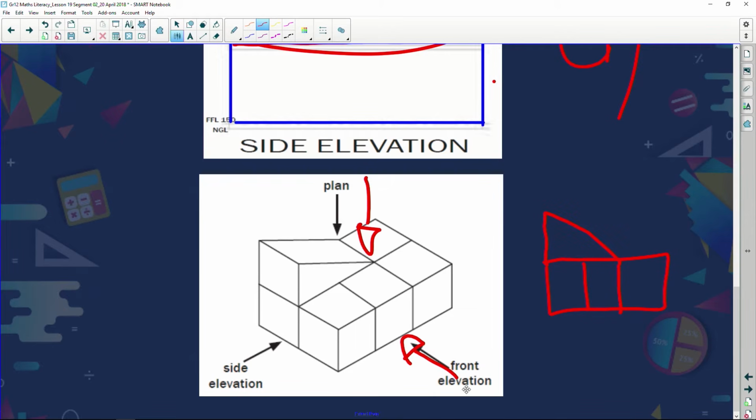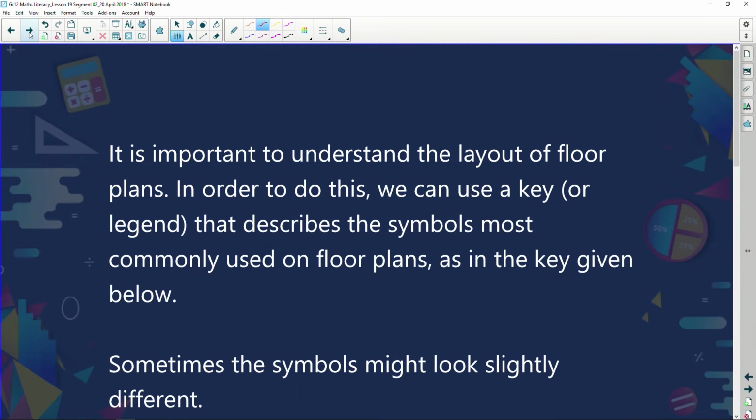That's what I would see if I was looking here. If I was looking from the side, what would I see? I would see this kind of thing. Okay, 1 little block, 2 blocks, and the block on top. Cool?